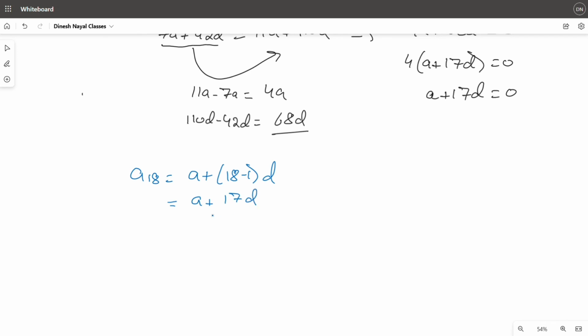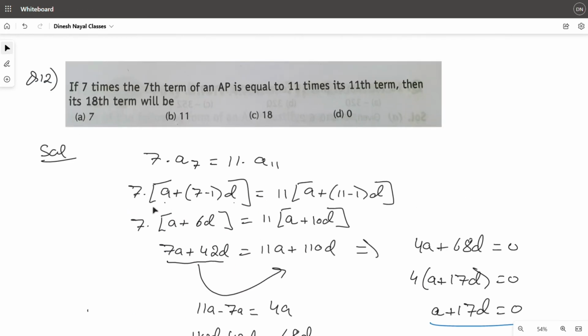Now we know that A plus 17D is 0. So hence our 18th term is 0. The answer is 0.